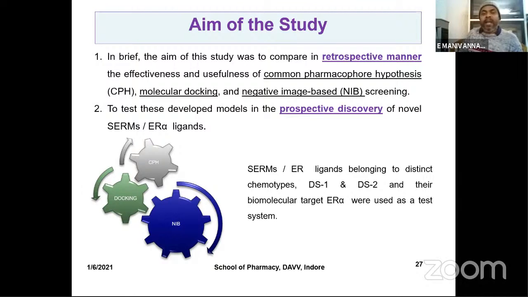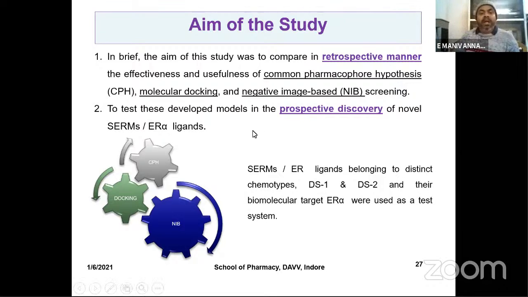In the retrospective manner, we screen the effectiveness of the common pharmacophore hypothesis, a ligand-based virtual screening approach, and structure-based approaches like molecular docking and negative image-based screening, and then apply these models in prospective drug discovery, that is for identification of selective estrogen receptor modulators and estrogen receptor ligands.